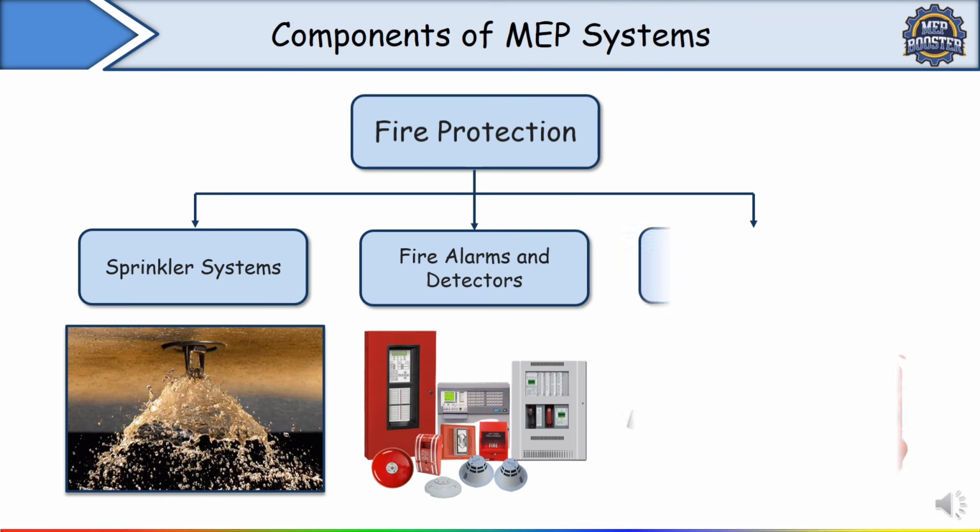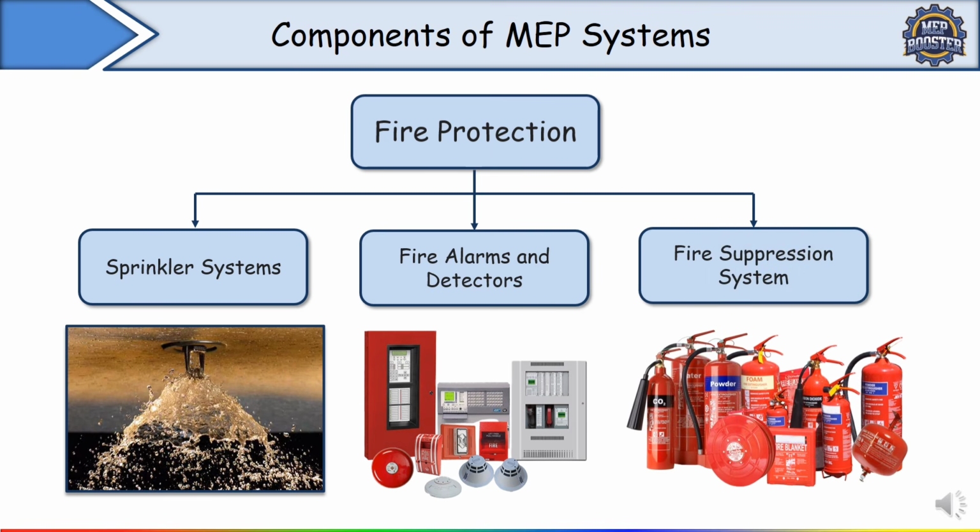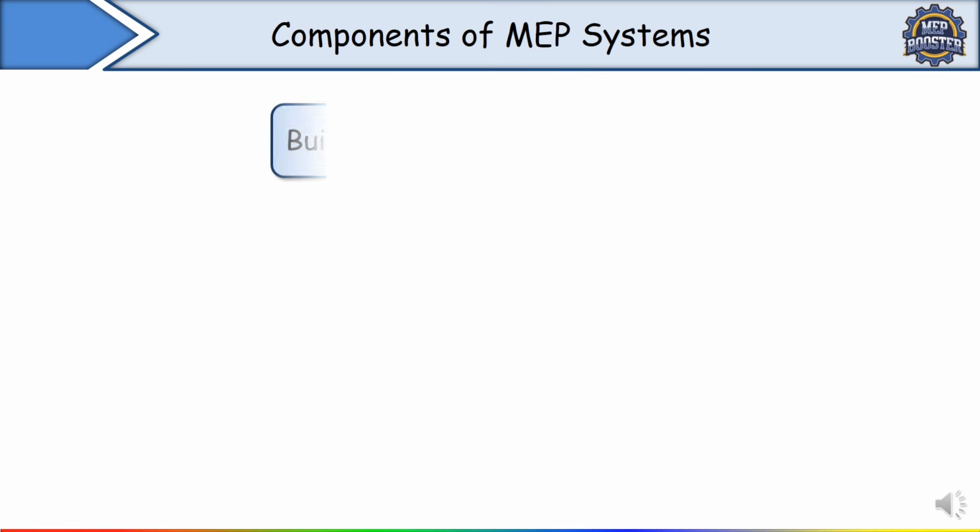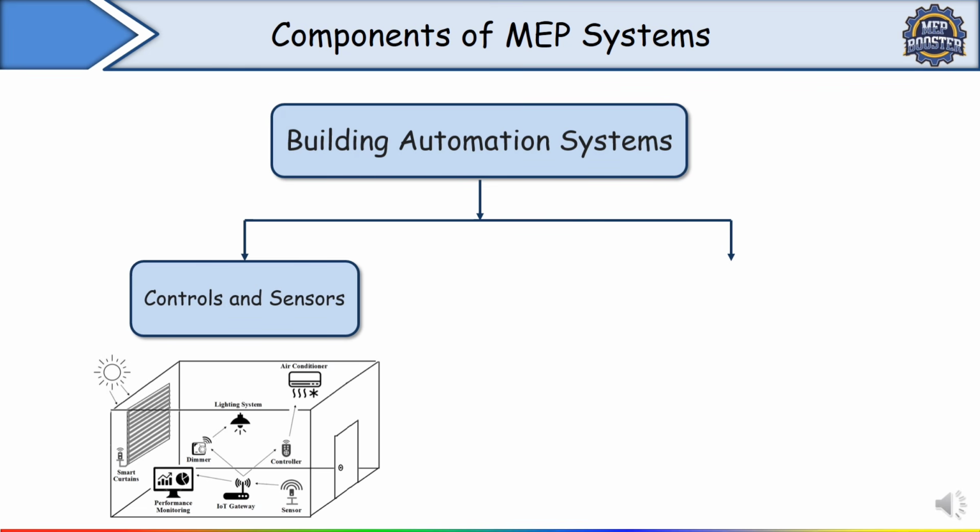Okay, then fire suppression system, under that different types like fire extinguisher are shown here. Standpipe system will come under this. Okay, so these are the components. So all these components work together to detect fire early, minimize damage and ensure the safety of building occupants and property. Okay, now under this mechanical system only, the next is building automation system.